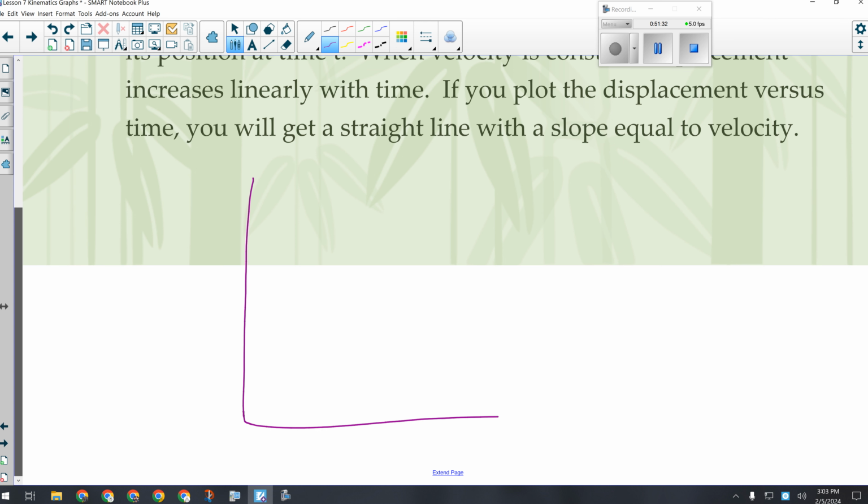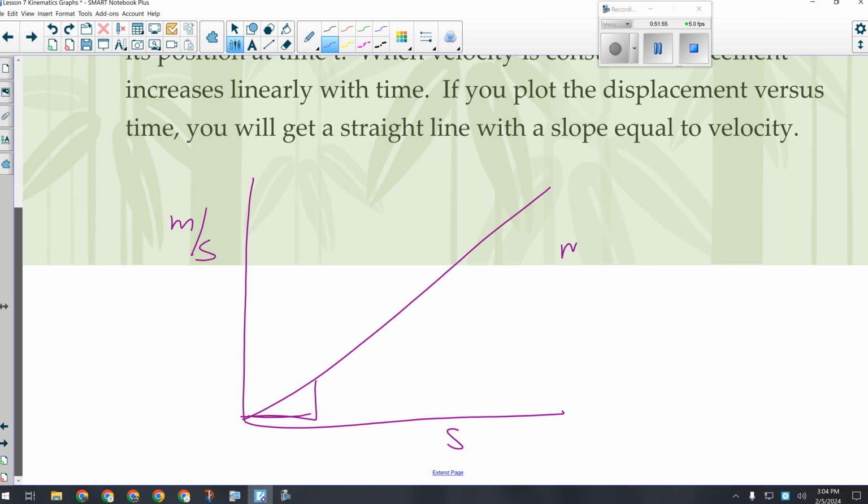Okay, so think about this. I've got a velocity versus time graph. It looks like this. I've got meters per second on the y. I've got seconds on the x. When this graph goes up, I'm seeing an increase in my velocity in meters per second, per second.